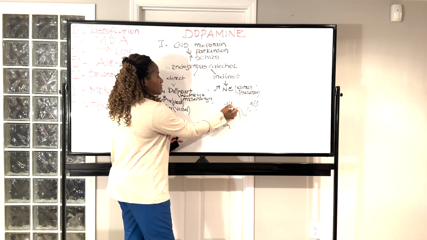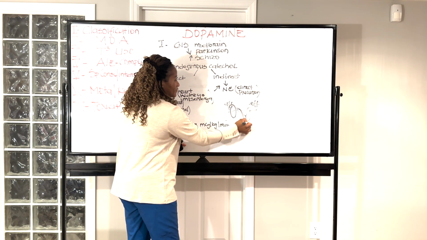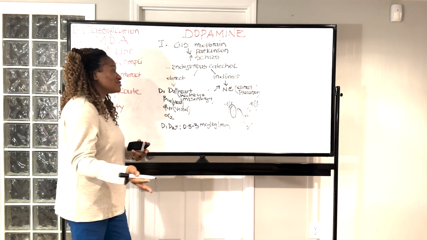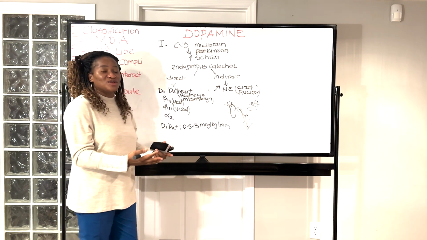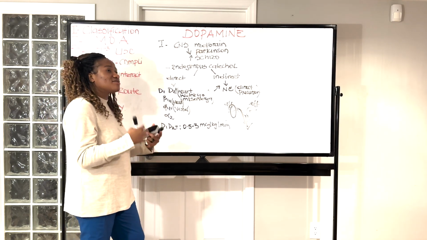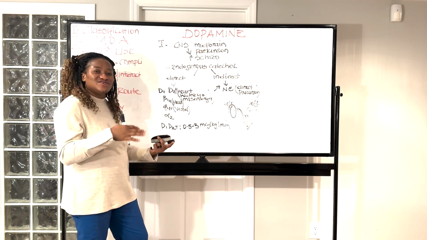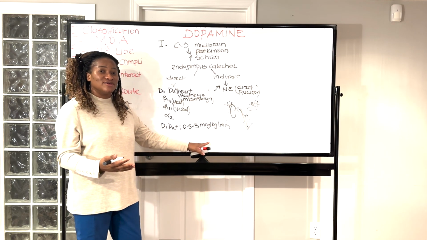So if dopamine vasodilates here, you have increase in your glomerular filtration here, water goes out and sodium goes out, right? So this is a great action when you have a patient that needs an increased cardiac output, but who has a sluggish renal function, because this is going to empower that renal function.